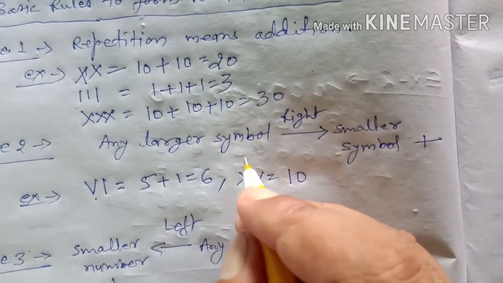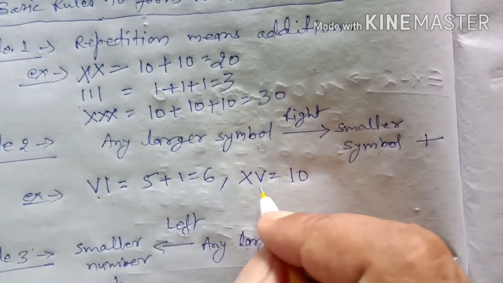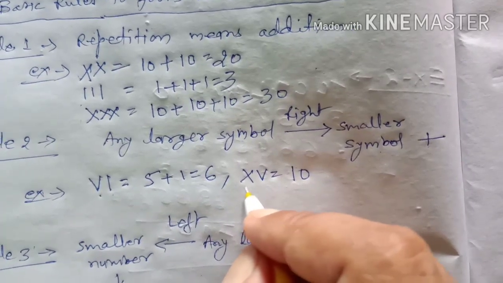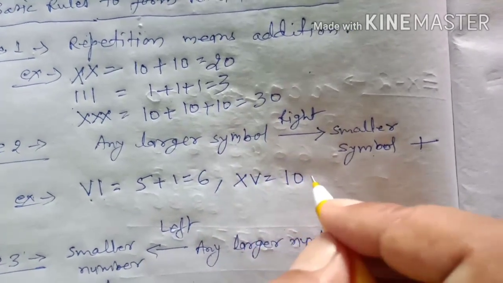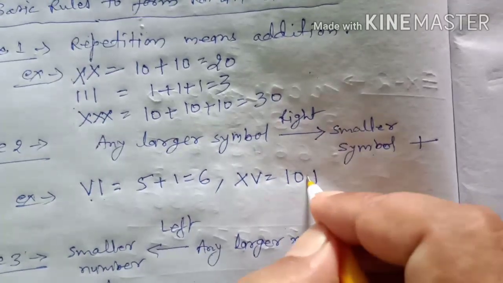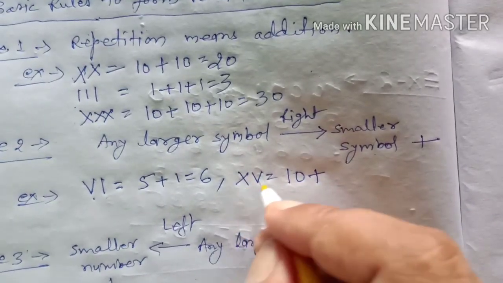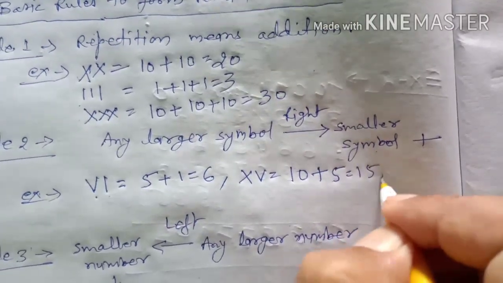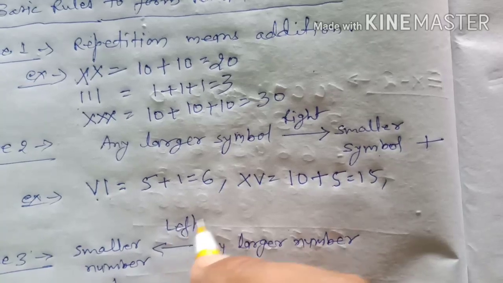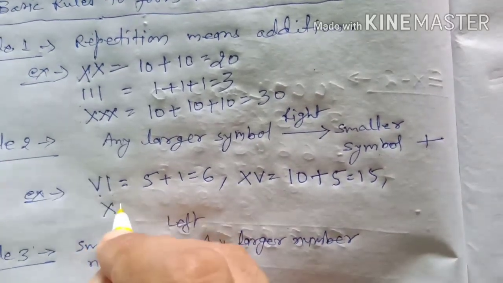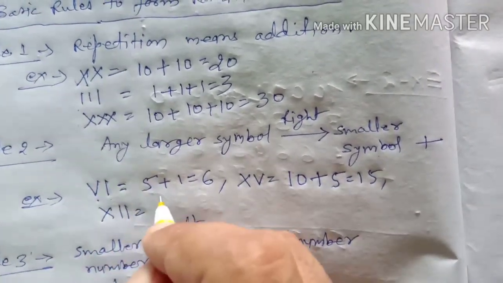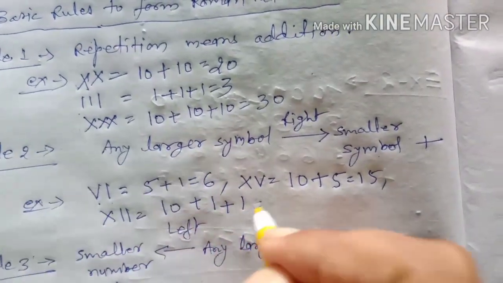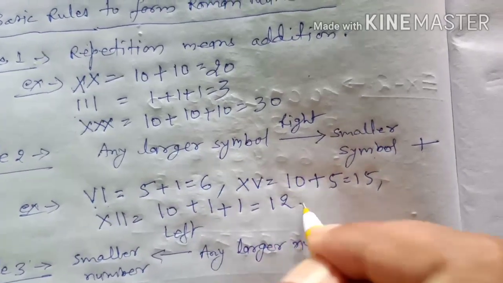If any smaller symbol lies to the right of any larger symbol, you are adding there. So 10 will be added with 5, so it will be 15. Take another example, XII means 10 plus 1 plus 1 is equal to 12. Okay?